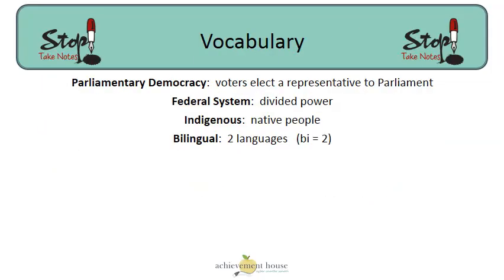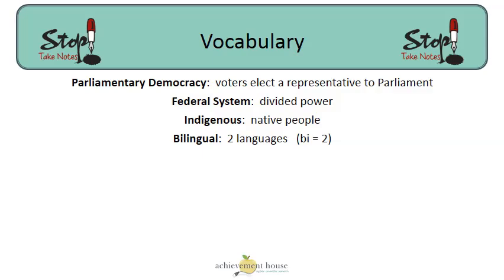You should take out your notebooks now to jot down this vocabulary. After this slide, pause the video so you can write down these words. Parliamentary democracy means voters elect a representative to Parliament. Federal system is when the government has divided powers.